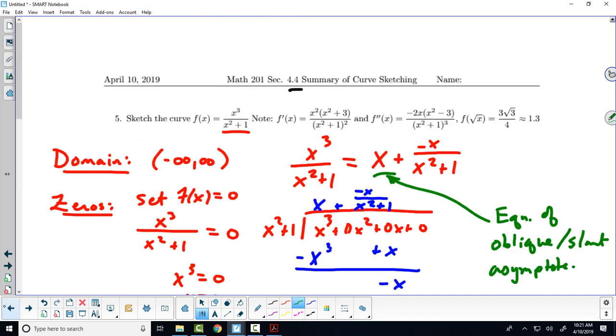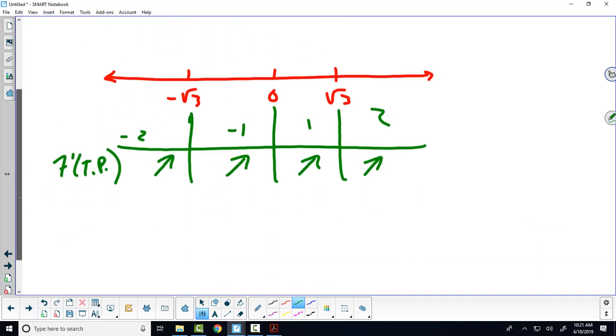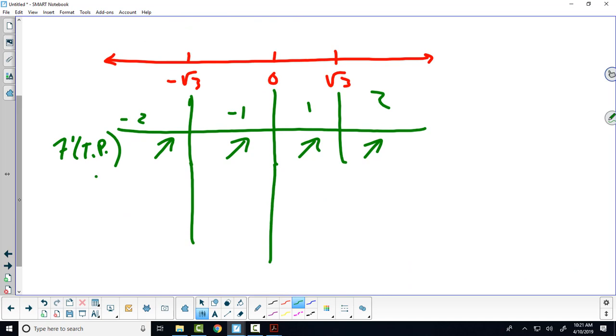Let's double check that. Okay. And then let's go ahead and plug those values into our second derivative. Well, when I plug in a 1, this factor is negative, this factor is negative. When I plug in negative 1, this factor is negative, this factor is positive. So the second derivative is negative at negative 1. Oops, I should have done negative 2 first, sorry.